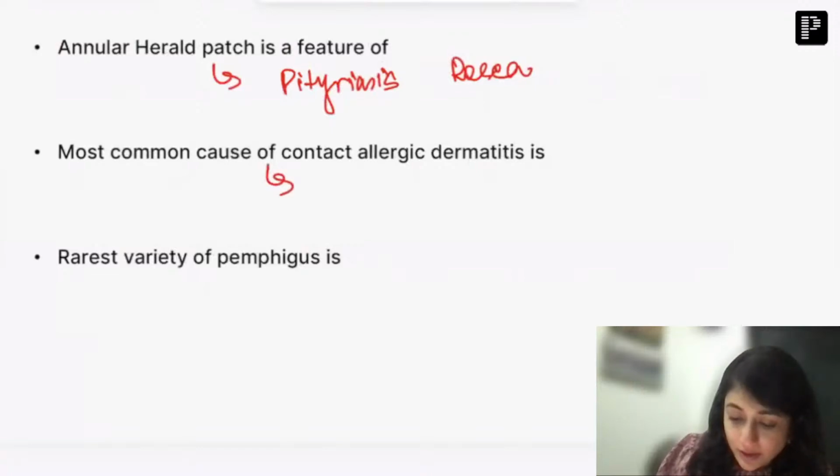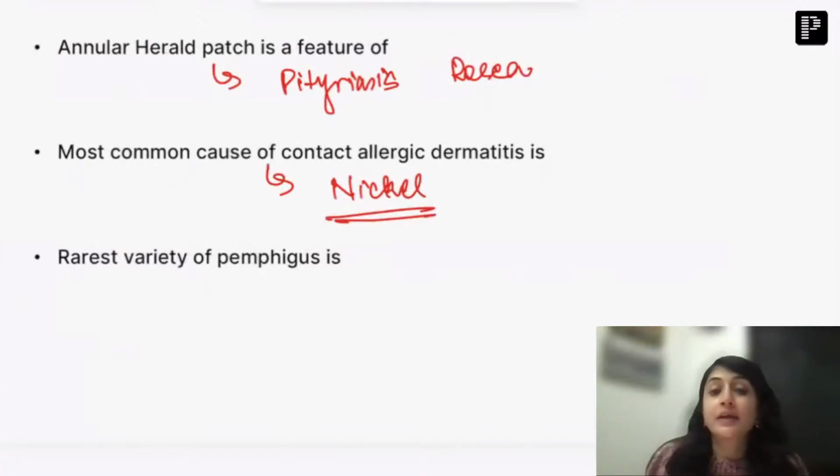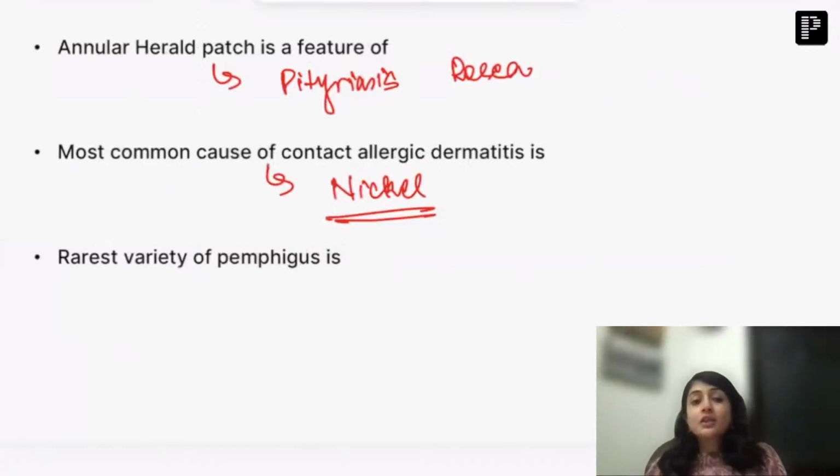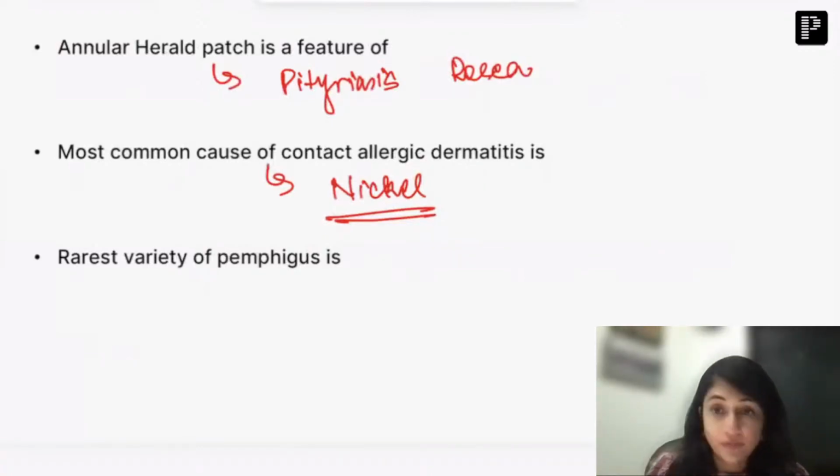Most common cause of contact allergic dermatitis. Yes, you're right. Nickel is the most common cause of contact allergic dermatitis that you see. Christmas tree distribution is right. Not poison ivy, but nickel. Rarest variety of pemphigus.